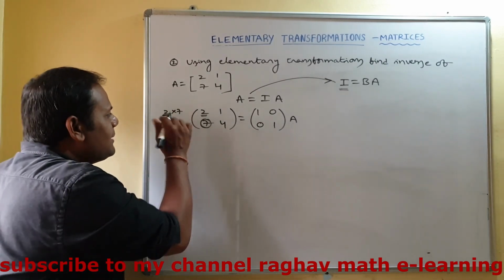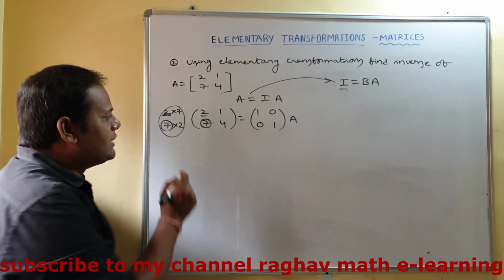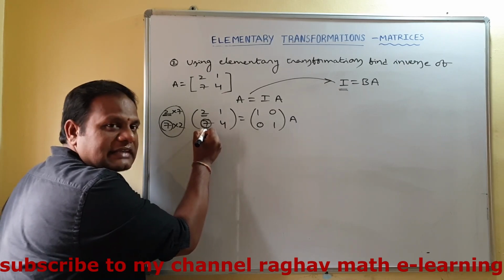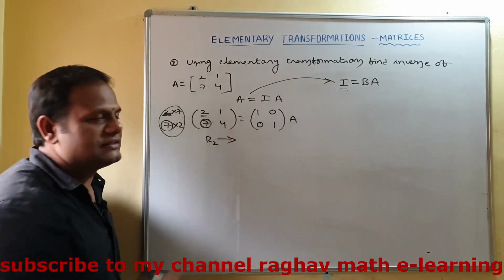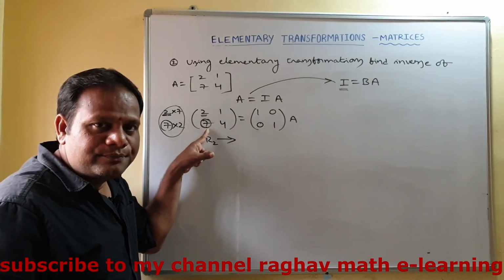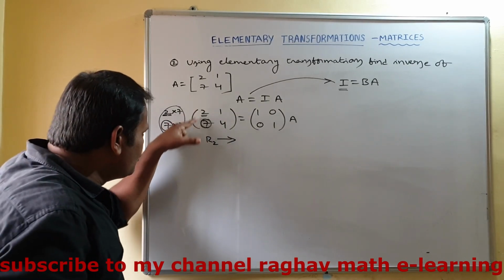So the same logic I am applying here. I want to make this element 0. This element is in the second row, so the second row is going to change. So R2 changes to... you have to make it 0 using this, so first you make them equal.